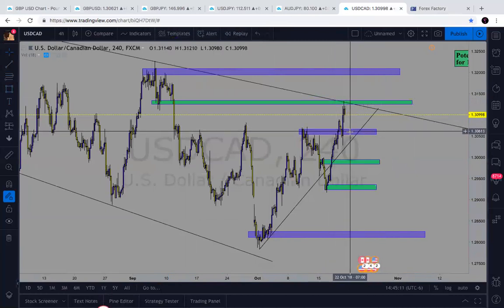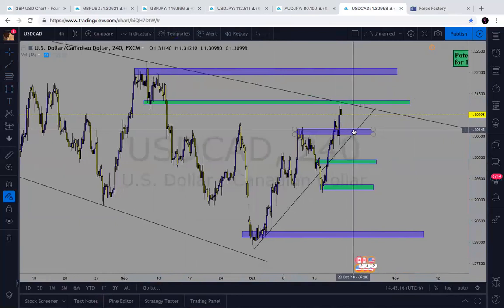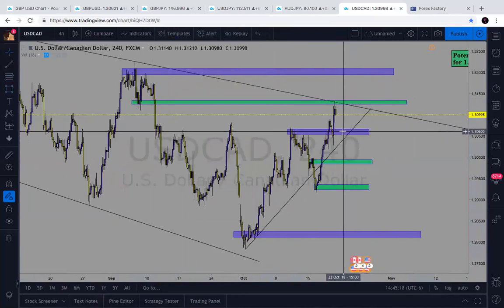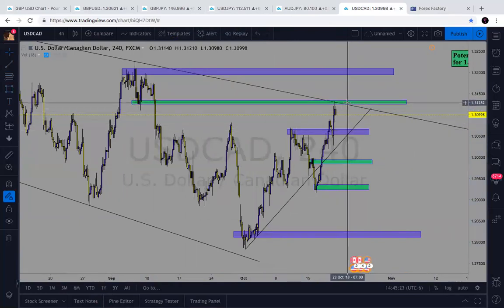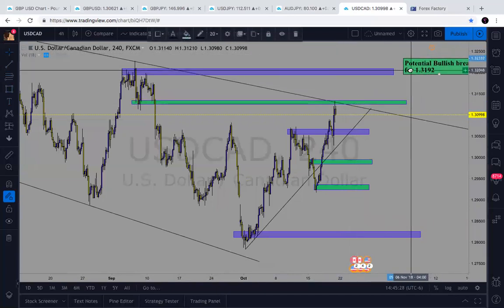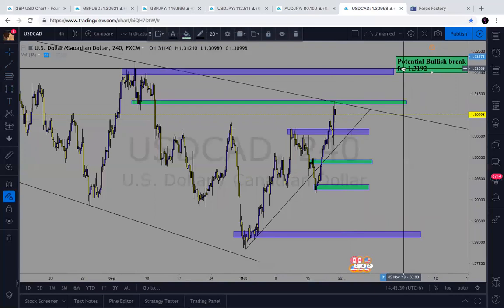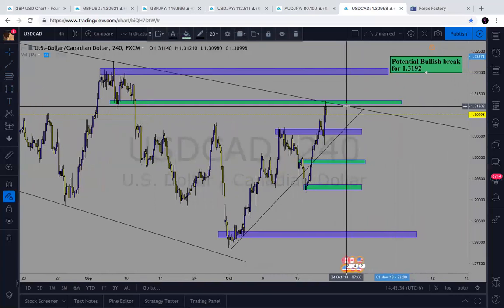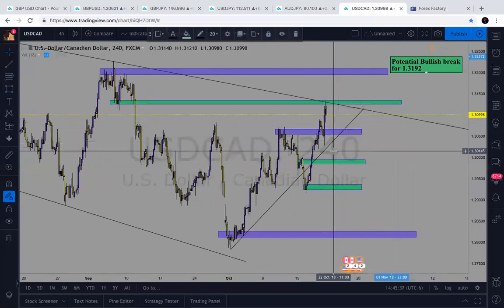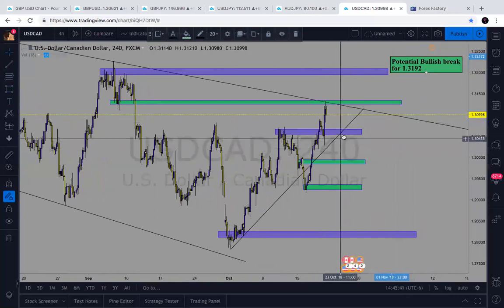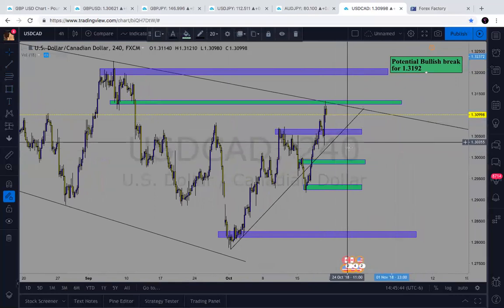So what we're looking for here is either a retest of our 1.306 zone, and then a bullish push beyond our 1.312 zone, all the way up to our 1.319 zone. Or we could get a break below with price coming down to the 1.301, retesting the 1.305.